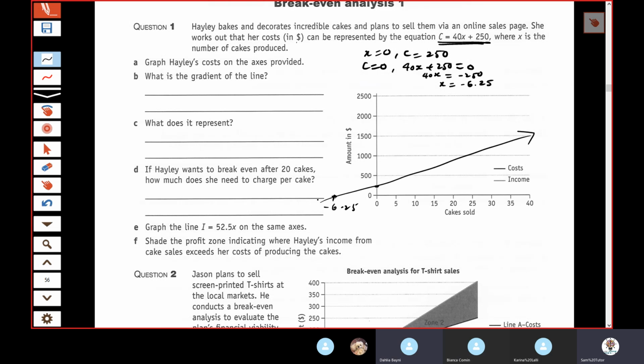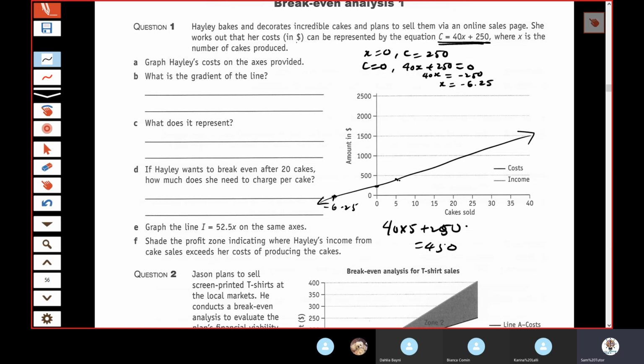And it's a very horrible graph for me, I know, but you'll see what I mean by that in a second. So when x is 5, this is the way that you're meant to do it, obviously, because you're meant to do it for a table of values. When x is 5, 40 times 5 plus 250 is what? That is 200 plus 250, that's 450.